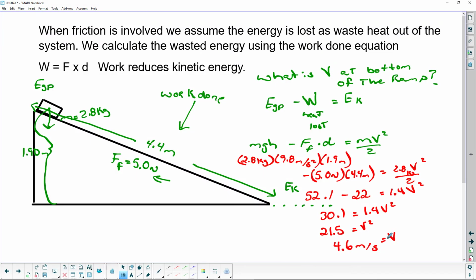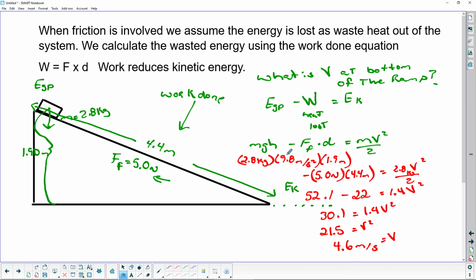Okay, so there's a more complex idea of losing some of our energy as it slides down a ramp because the two surfaces are rubbing against each other, causing friction, which would basically warm up and become waste heat. We could calculate the heat if we knew some parameters about the heat, but that's beyond the scope of what we do here in Physics 30.